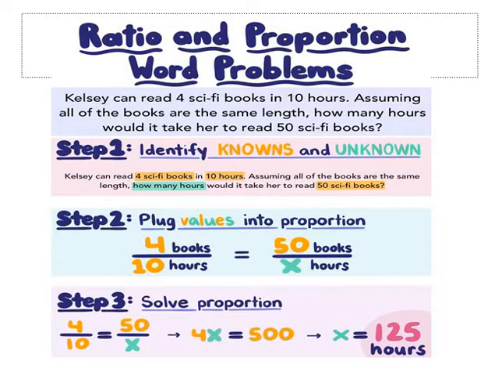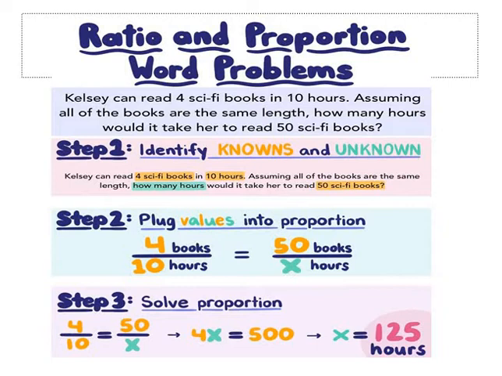There is a rate or a ratio that she can finish 4 books in 10 hours. And then they ask us, if my books are not only 4 but 50 books, how many hours will she take to read them?